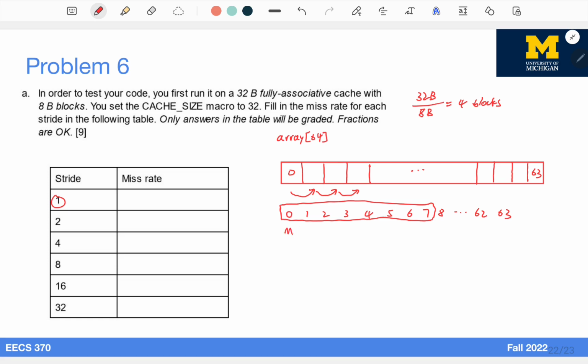It's a compulsory miss. However, for the next 7 accesses, since the block has already been fetched into the cache, we will have 7 cache hits. And this should be true for all other blocks. Therefore, the miss rate for stride equals 1 should be 1/8.